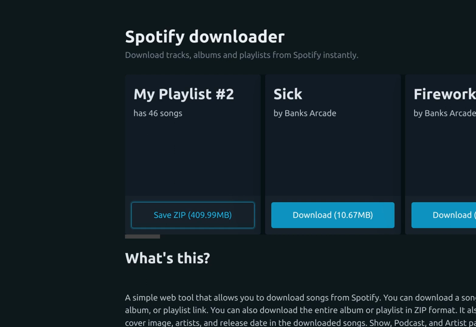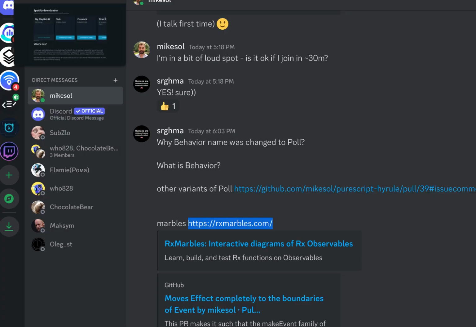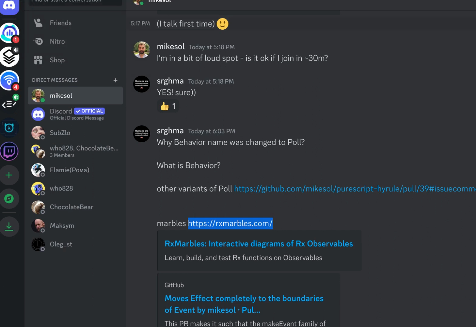I think that for Hyrule, it's absolutely possible to do something like this. The hardest thing with Hyrule, and perhaps with Arcs as well, is when you have concurrent events, when you have two things at the same time, determining which one comes first and which one comes second. But Hyrule definitely has that.